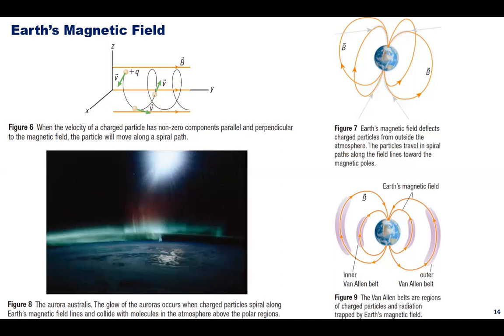The inner Van Allen belt is a ring of highly energetic protons. The concentration of charged particles and radiation can easily damage electronic equipment. So researchers programmed the paths and trajectories of satellites and spacecraft to avoid these belts.